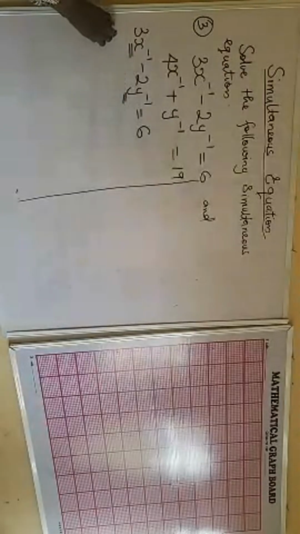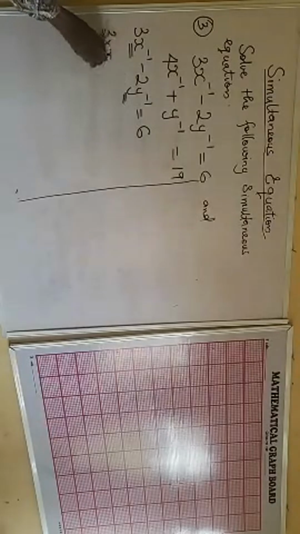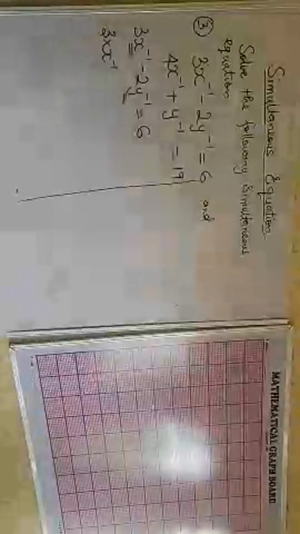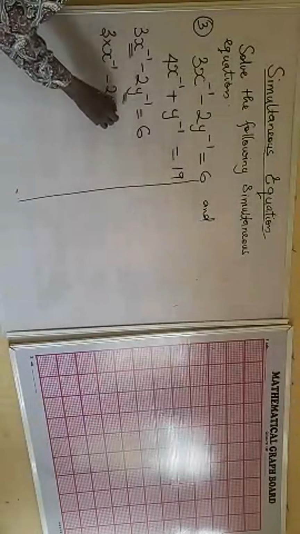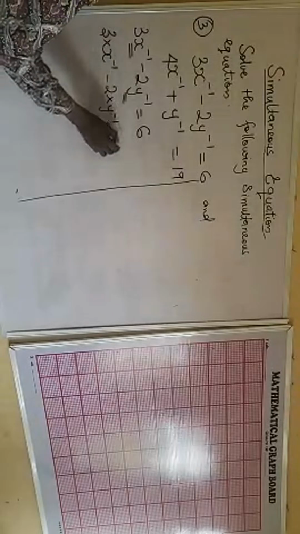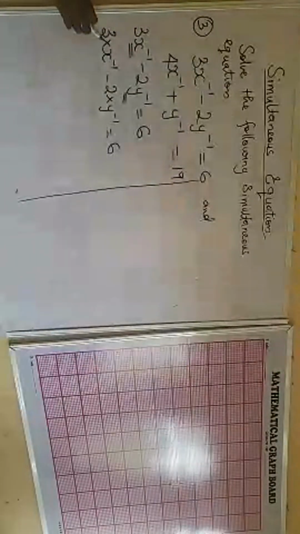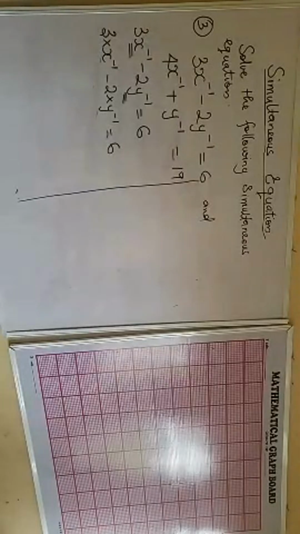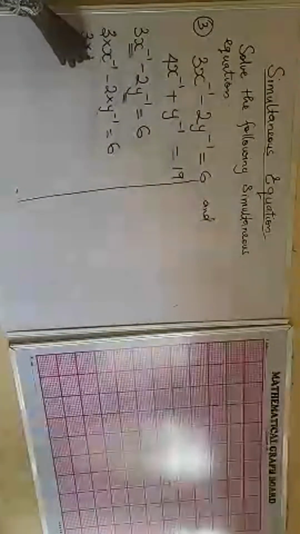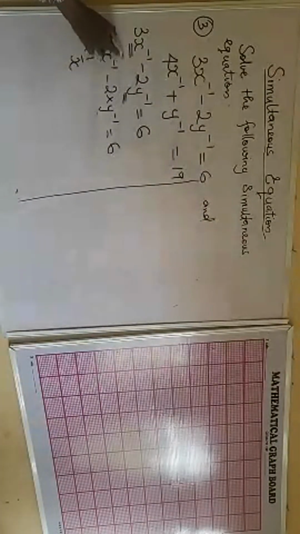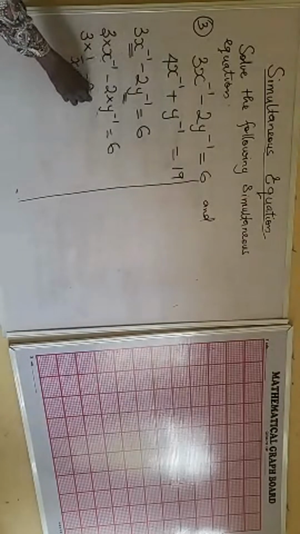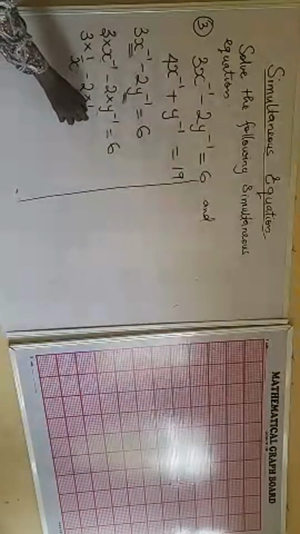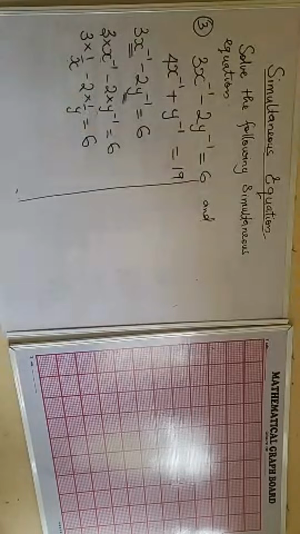So here simply means 3 times x raised to the power of minus 1, minus 2 times y raised to the power of minus 1 is equal to 6. Now, I will change them from negative indices to positive indices. So here means 3 times 1 over x. This has changed to this. Minus 2 times 1 over y is equal to 6.